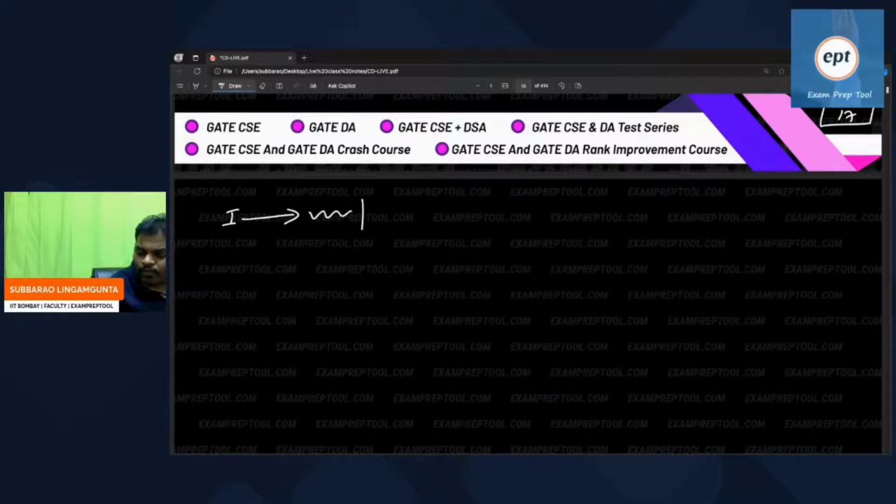For every identifier purpose in the compiler, there is one grammar. Compiler means grammar, compiler means rules, compiler means conditions. Every condition you can write in the form of a grammar. So this is the grammar. Identifier I goes to, some productions are there. These are called productions.